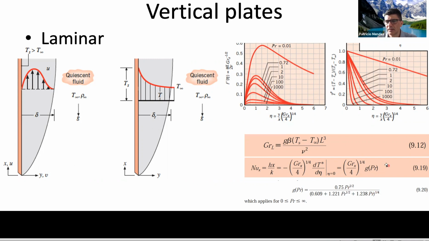So for the case of oil, this function g tends to be something along the lines of Prandtl, sorry, instead of being 1/2, now it's going to be Prandtl to the 1/4 for the case of oils. Grashof to the 1/4, Prandtl to the 1/4. Typically, these two appear combined in the correlations we're going to see.